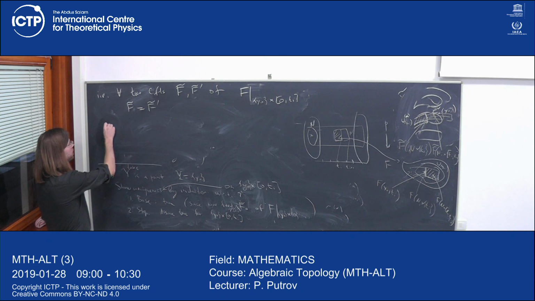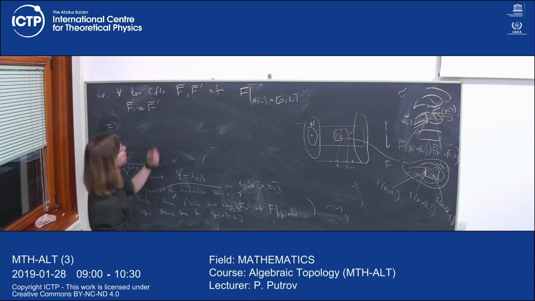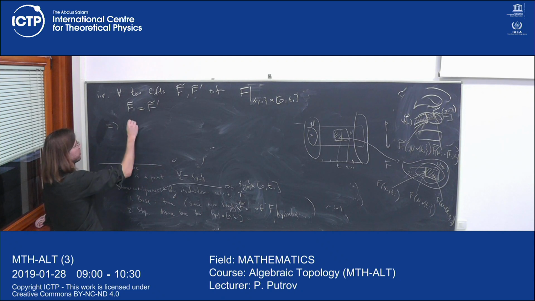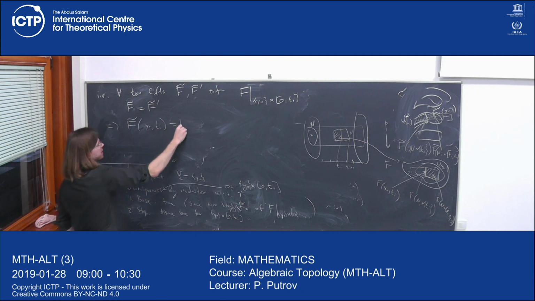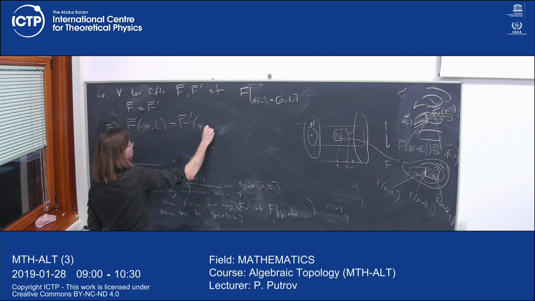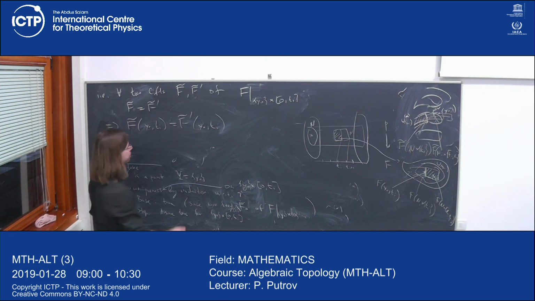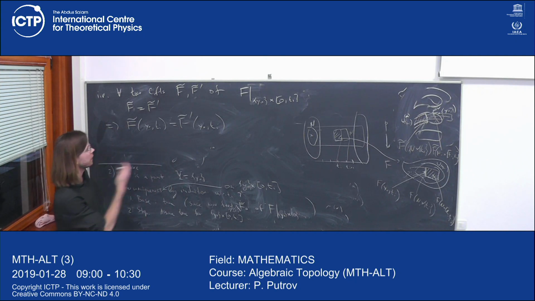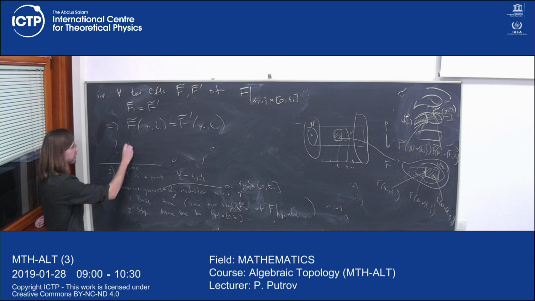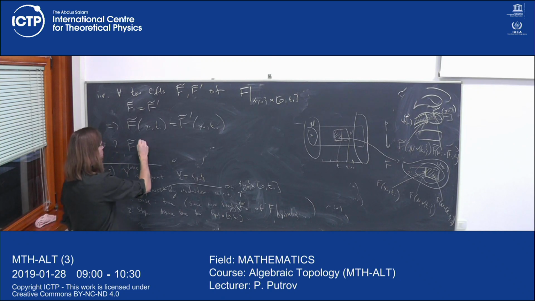From the induction assumption, in particular, it follows that f tilde of y0 ti is the same as f tilde prime of y0 ti. And now we want to show that the same is true for, so that those two coincide on y0 times the interval from ti to ti plus 1.